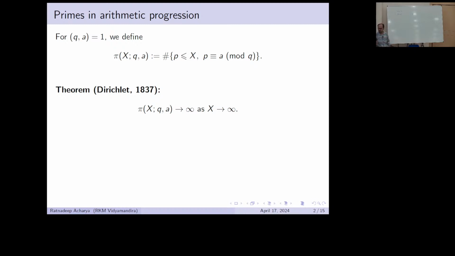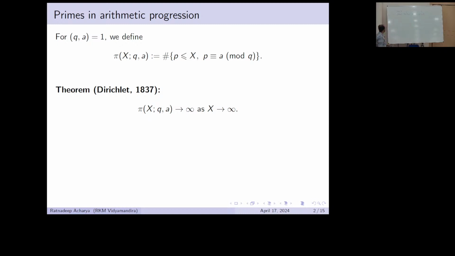Zero, right? So this, π(x;4,2), is 1 at least for x greater than or equal to 2, and this is 0.